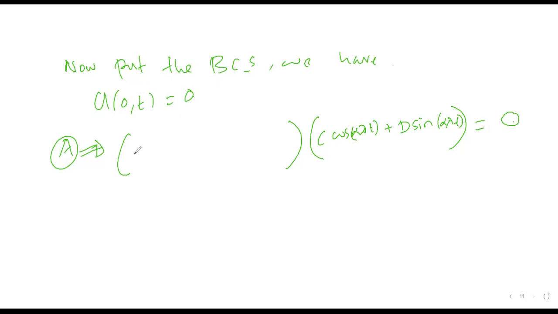What is happening here is a cos of 0, plus b sine 0. So what is the result?